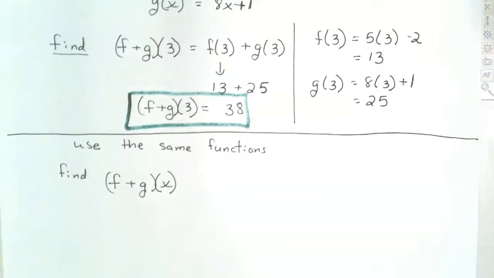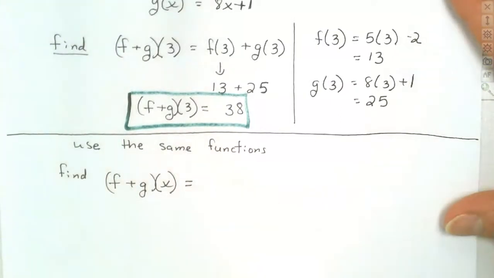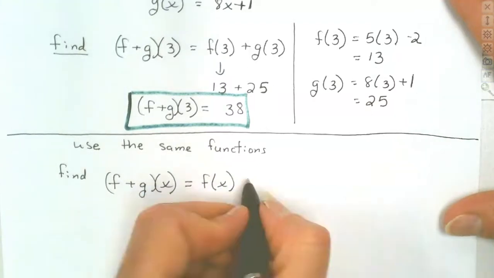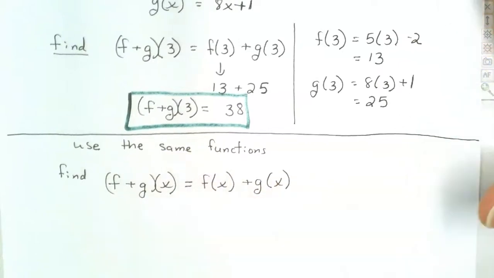We don't have to calculate anything. So we want to find f plus g of x. Breaking that down, that is f of x plus g of x. Our answer has to have a variable because there's a variable inside the parentheses. And this is just simply copying them down and combining them together.